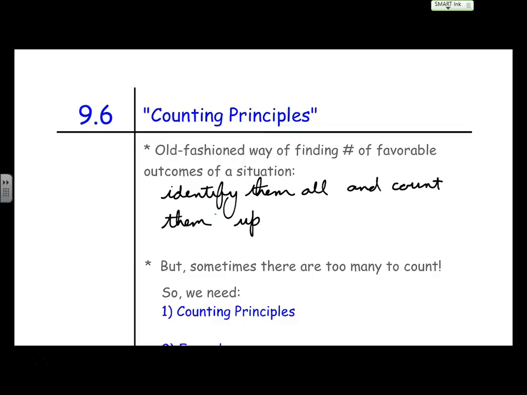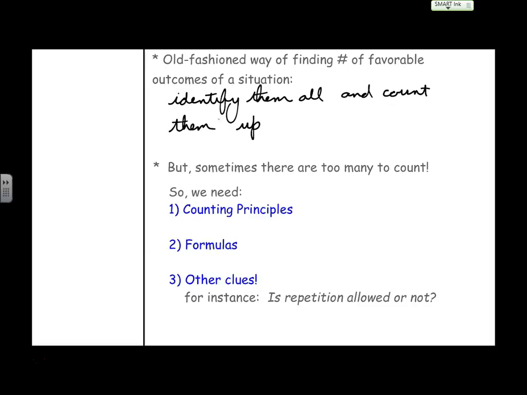But then the next part says, sometimes there are too many to count, so we need some sort of strategy. So we're going to cover in section 9.6 counting principles, a few formulas, a few other clues. And one of the questions we ask is, is repetition allowed or not?